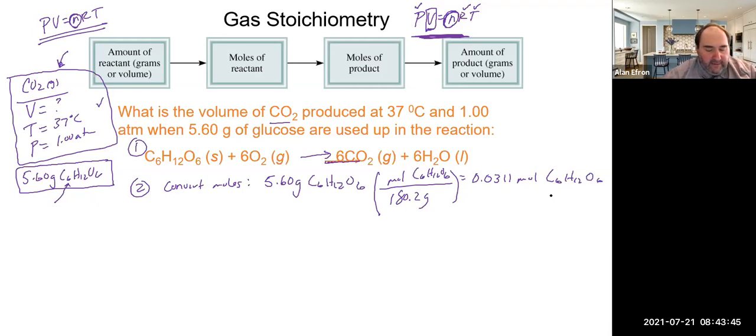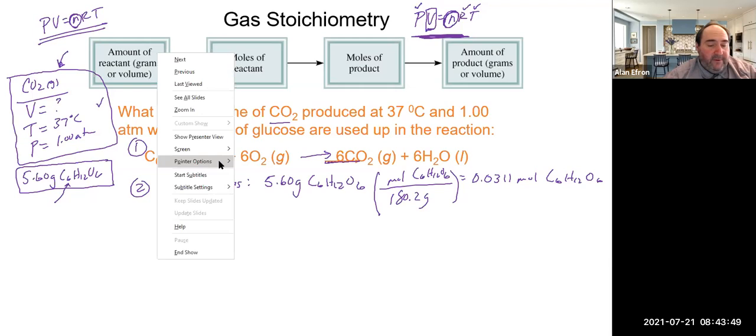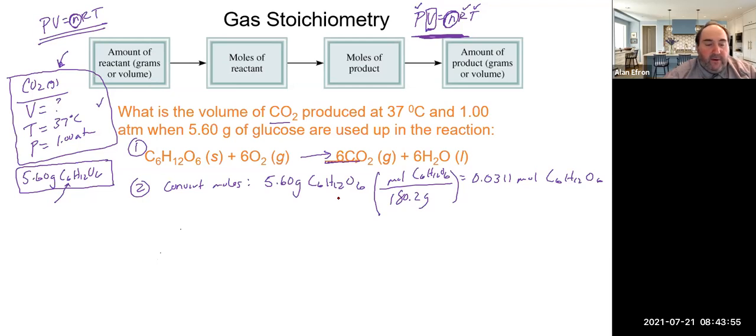C6H12O6. Again, we did get into moles, and it's important to remember that that is moles of the glucose in this case, and we're not interested in the glucose, but we are interested in the CO2, and that is where the stoichiometry is going to come into play. From the equation, we can see that for every 1 mole of glucose, we get 6 moles of CO2.